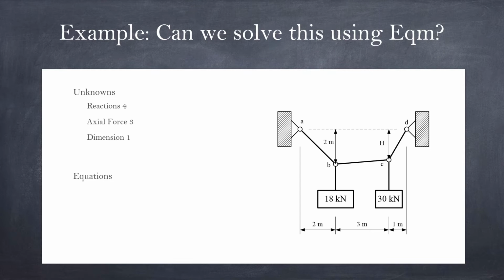We also have 3 main cables, A to B, B to C, and C to D, so 3 axial forces inside the cable, tension basically. And then we miss out one dimension that the question doesn't give us, that is the height H. Well, the problem is that if we don't know H, we don't know the angle, the inclined angle of CD, meaning we cannot take components into X and Y direction of the tension CD.